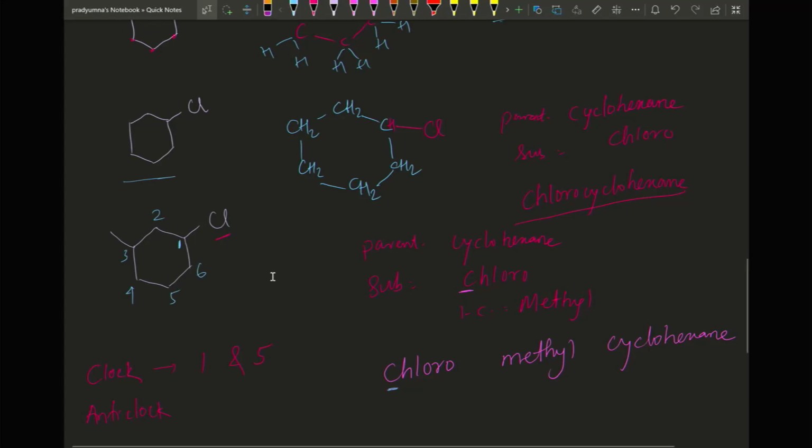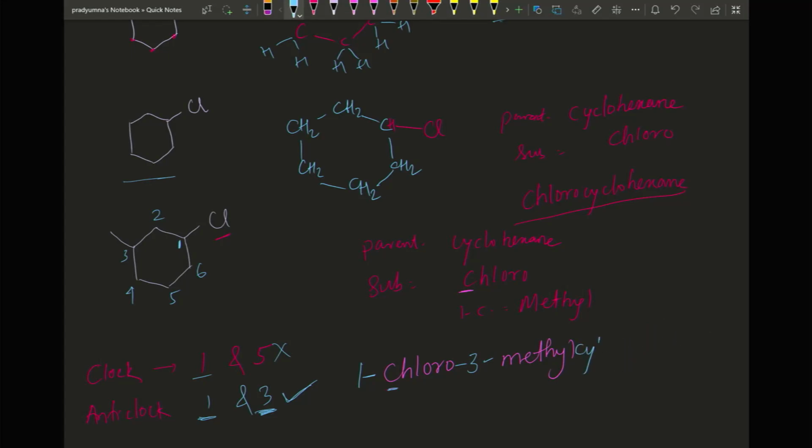All right, so which two numbers do we get now? 1 and 3. So obviously 1 is the same on both occasions, but which one is the smaller? 1 and 3. So we're going to number anti-clockwise, not this one. So this is the correct numbering. So it's going to be 1-chloro, 3-methyl. We're going to write the cyclohexane right after it because it's a one-word term. And that's it. Pretty simple.